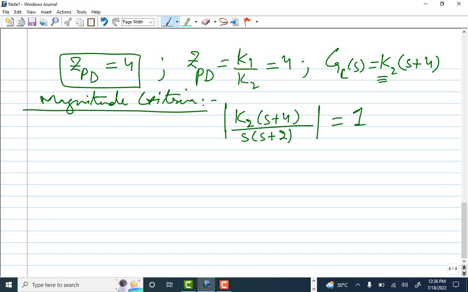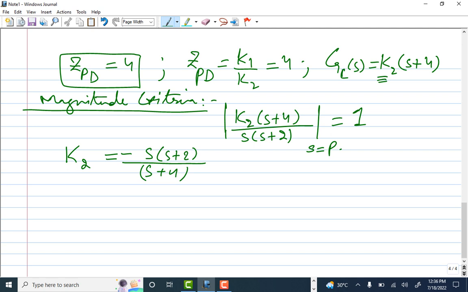This was the criteria, but we have to evaluate it at the design point. To do it quickly, we can do a little manipulation: K2 is equal to S into S plus 2 divided by S plus 4. Now take the magnitude and solve the problem.